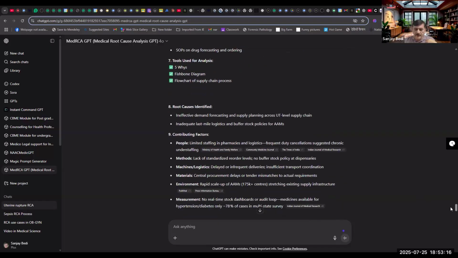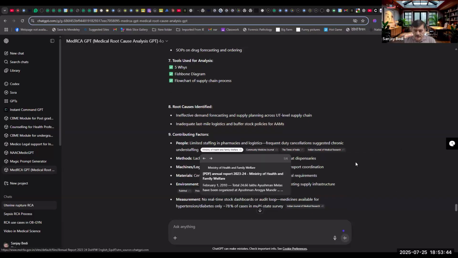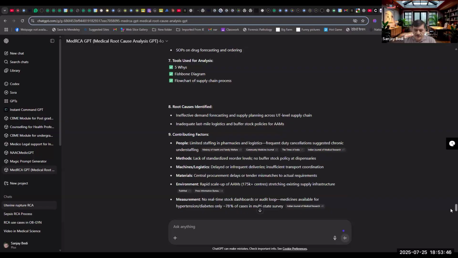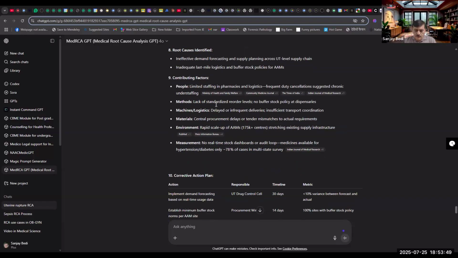Root causes identified: ineffective demand forecasting and supply planning across UT level supply chain, inadequate last mile logistics and buffer stock policies of Ayushman Arogya Mandirs. Contributing factors: people, limited staff in pharmacies and logistics, frequent duty cancellations, understaffing. And it has also provided the references if you want to know from which references it has taken.